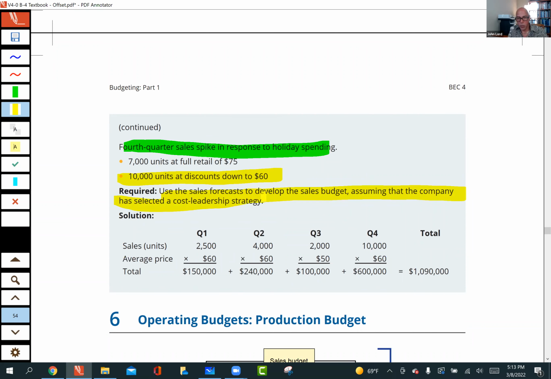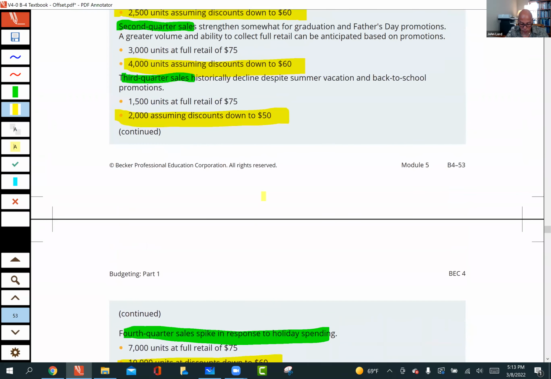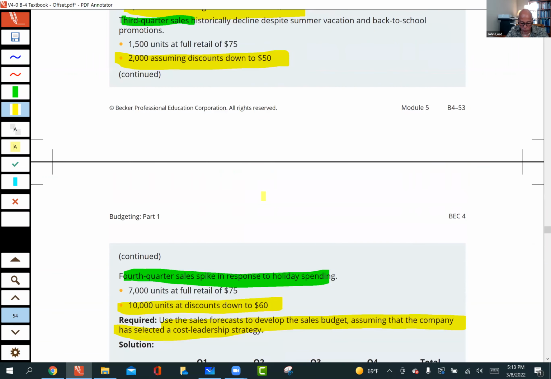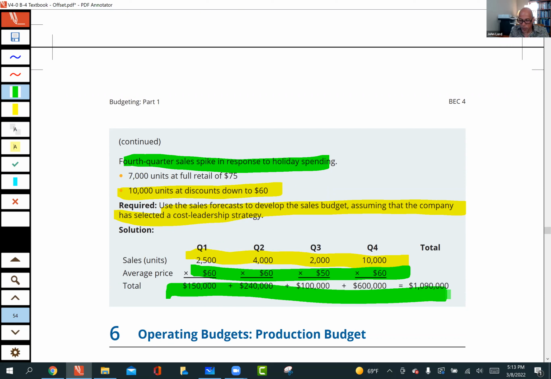More units and lower price. So if you look back, then they picked up what? They picked up all those $60 ones at the different number of units, 25, 4,000, 2,000, 10,000. And we multiply those number of units by those prices that were given, and there's our sales budget.